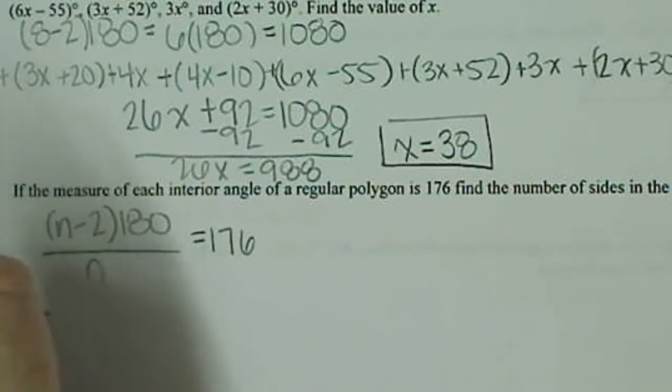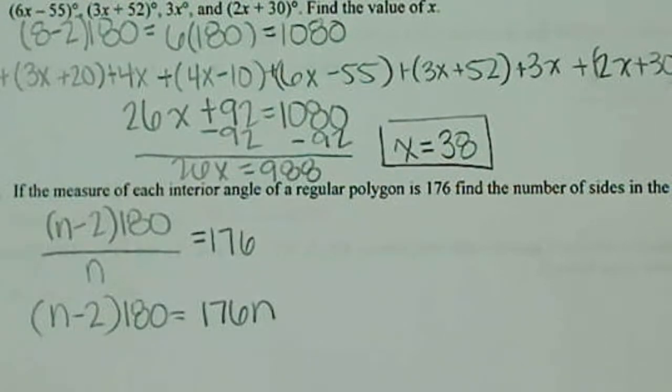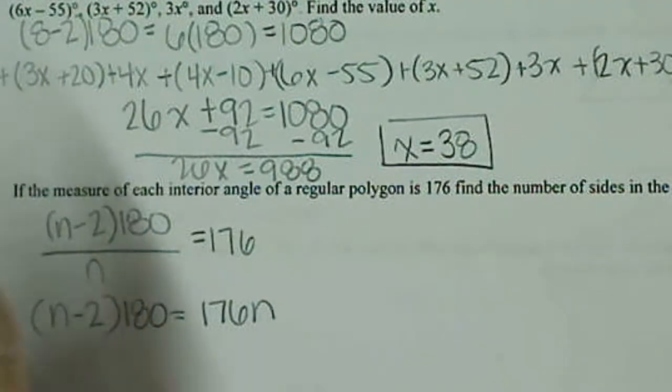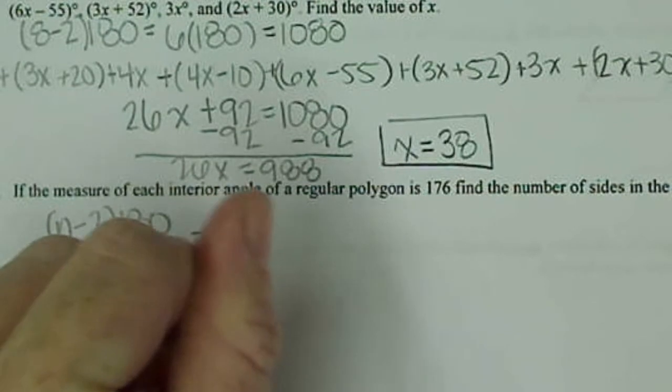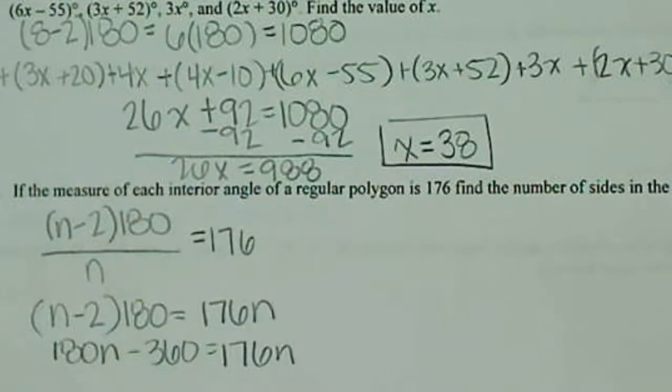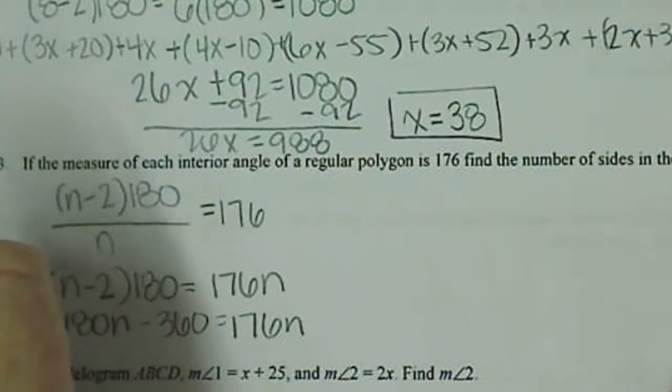Multiply by n. And then let's distribute 180. Okay, let's bring the 180 to the other side.